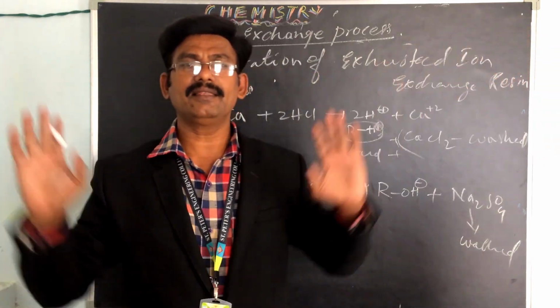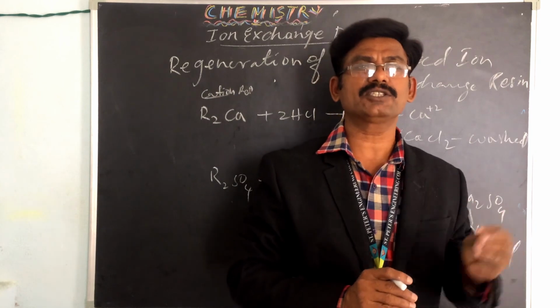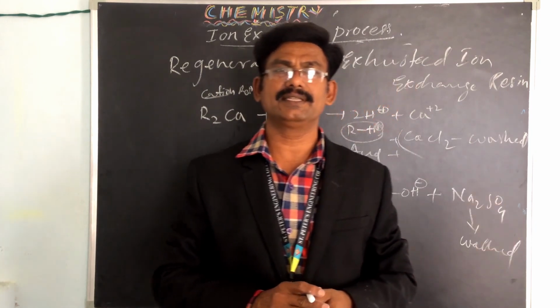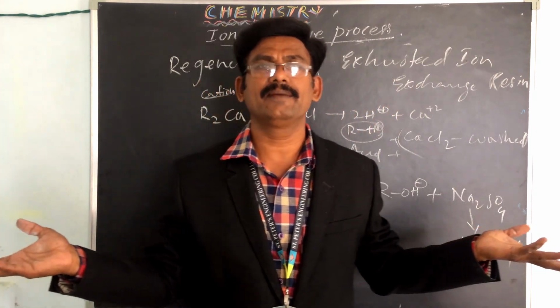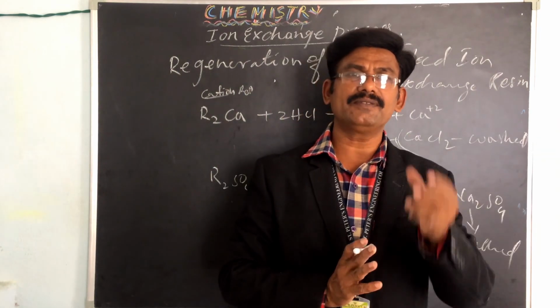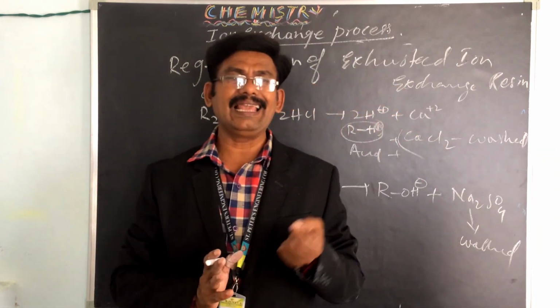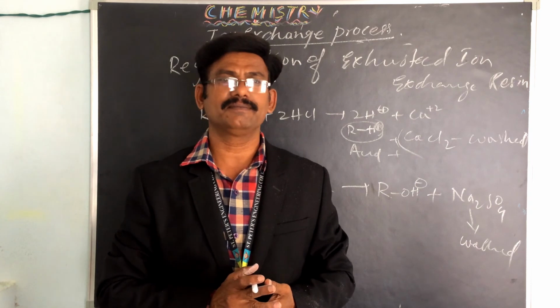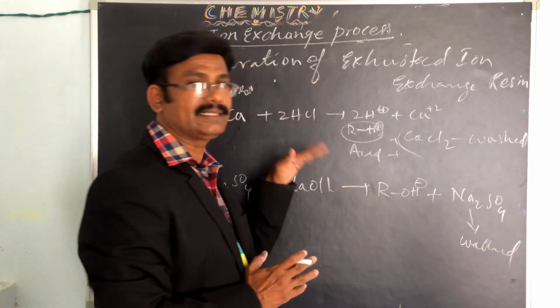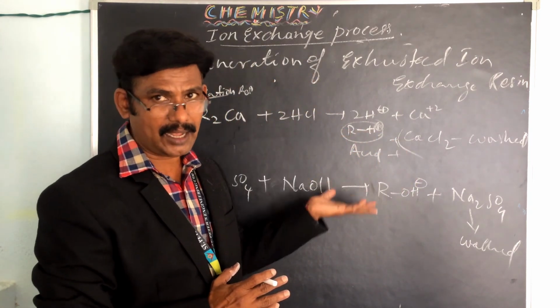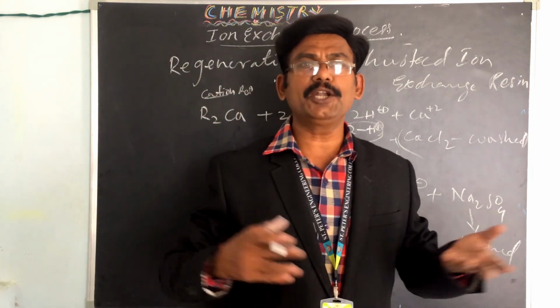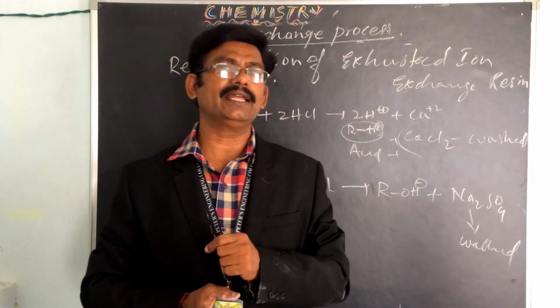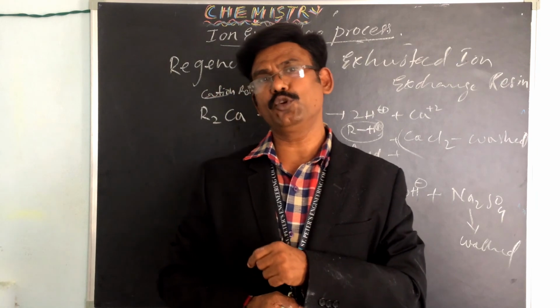And finally, sometimes they may ask you the advantages and disadvantages. What are the advantages? The process can be used to soften highly acidic or alkaline waters, because if acidic, we use the acid cation, and if alkaline, the base anion. It produces water of very low hardness, 1 to 2 ppm.